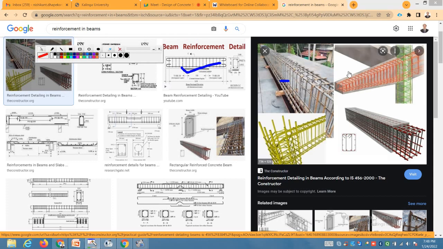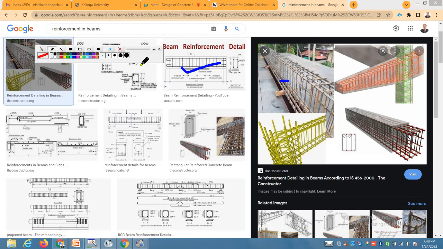This is actually one sort of cantilever beam, right? This is column, this is beam. So this we call column beam junction. In every RCC structure, reinforcement is introduced.